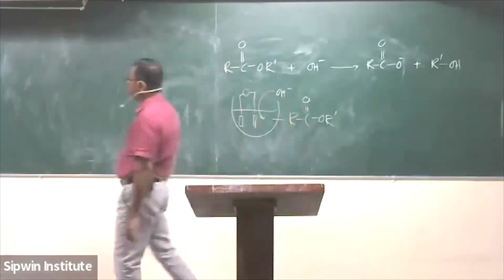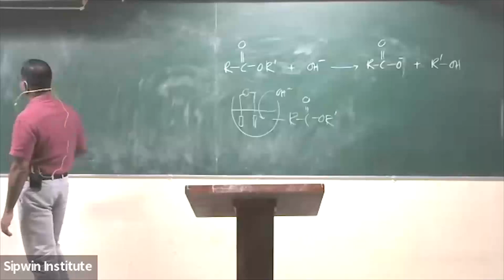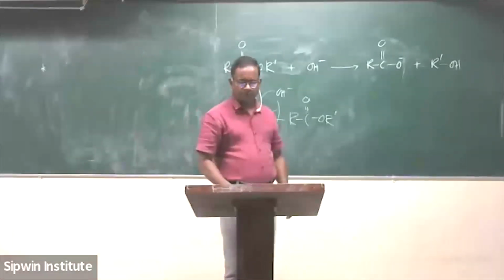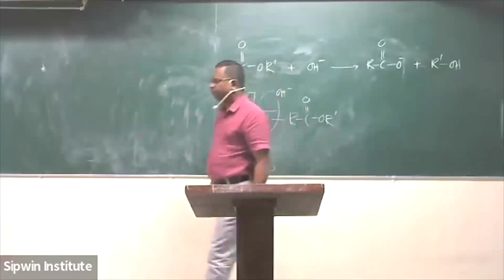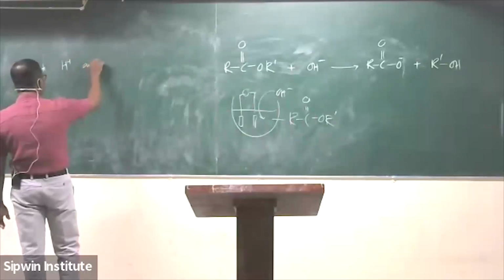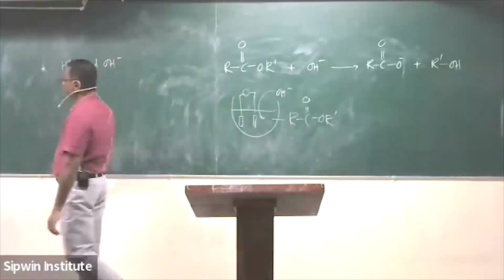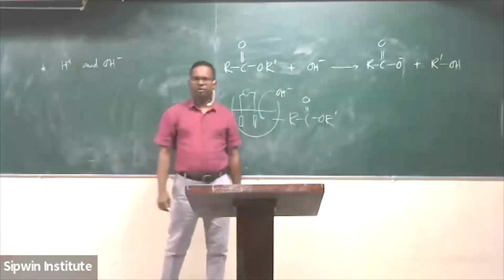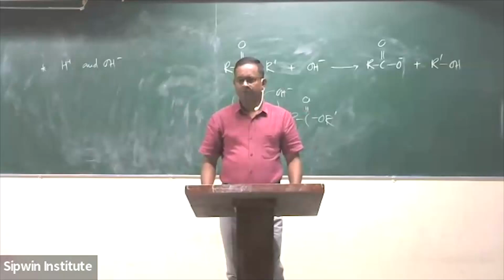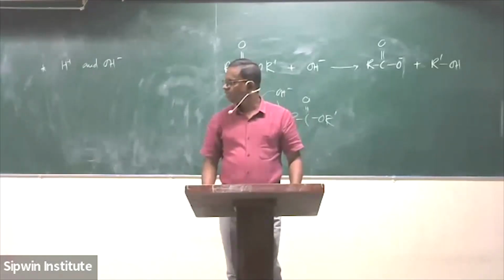Asterisk mark with a red pen, write this one. In an aqueous solution, H plus ions and OH minus ions give the highest contribution for the conductivity.